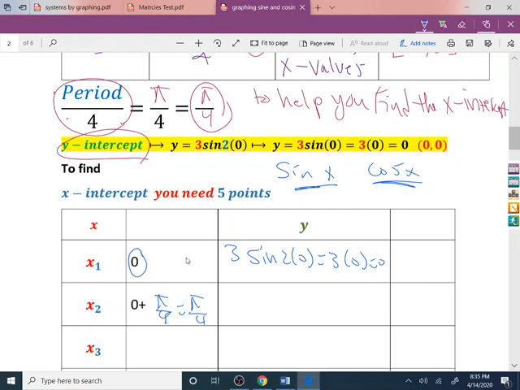Okay, let us go. I'm giving you some time to think about the second one, pi over 4. Sine pi over 4.